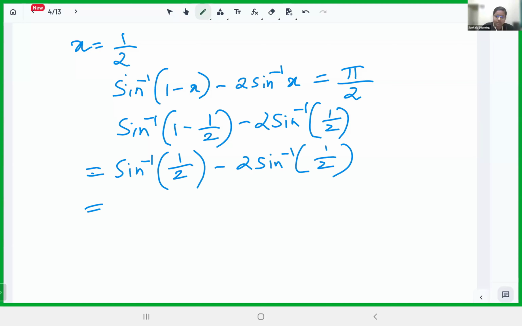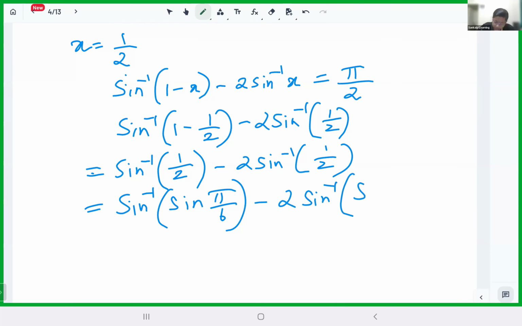Then the sine inverse of sine pi by 6 will become pi by 6, and we know that pi by 6 belongs to the principal value branch of sine inverse. So this minus 2 into pi by 6 is equal to minus pi by 6.